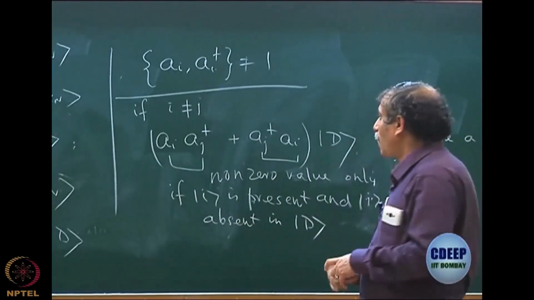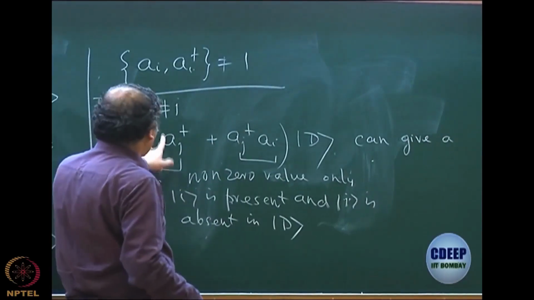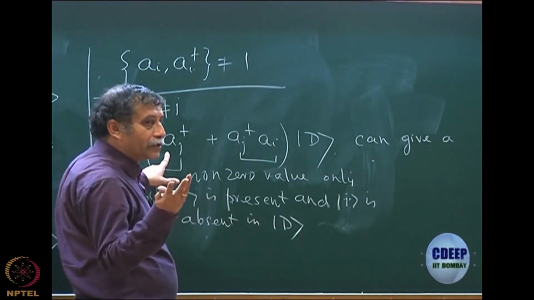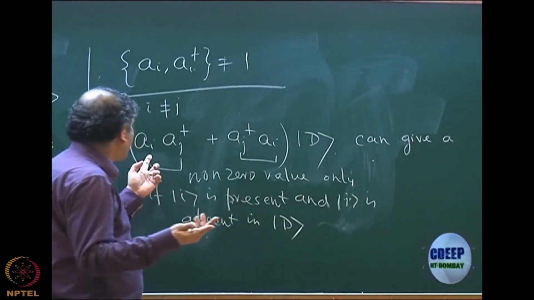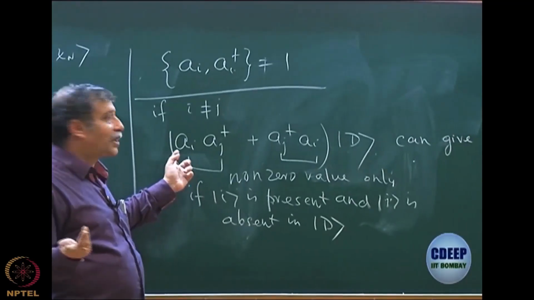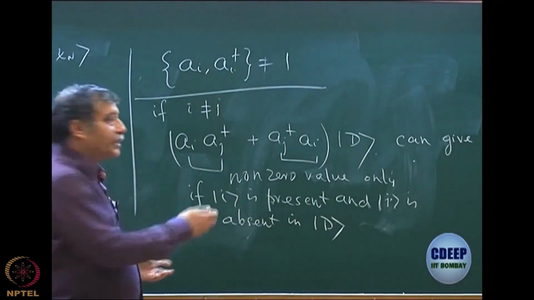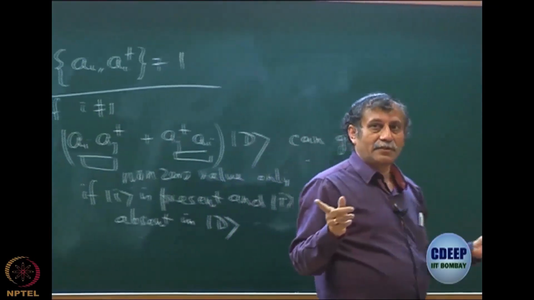Okay? So if j is not present, if j is present, then of course, this will automatically give you 0. If I is absent, then this will give you 0, and this will also give you 0, because even if I create j, I can't annihilate I, because I cannot be equal to j. So, each of the strings will give you 0, each of the strings.